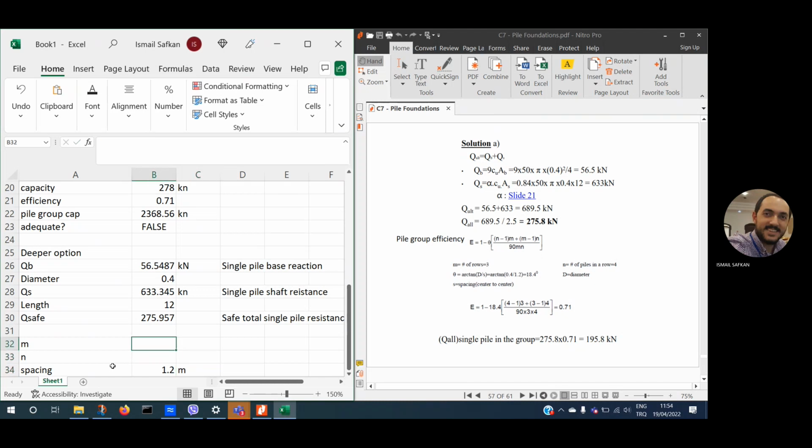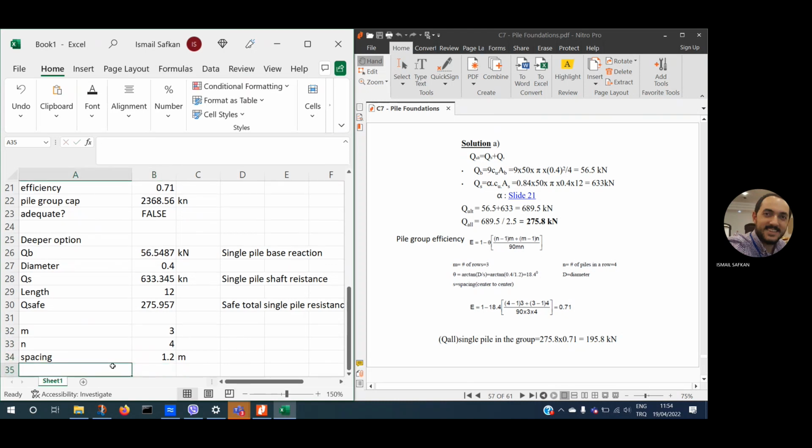And M3, M4, spacing, and we have theta. Theta, you might calculate it on your calculator, or if you want, you can use some functions in Excel to calculate it automatically. But let's say we keep the diameter, but we will change it.